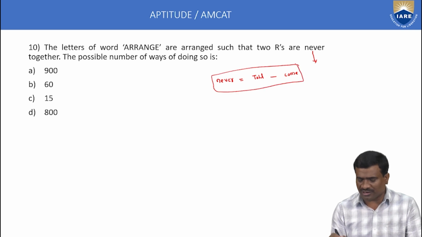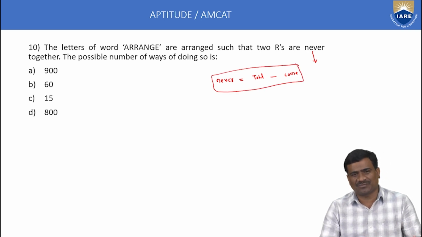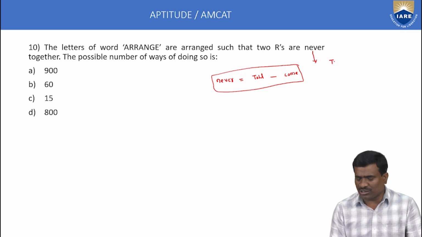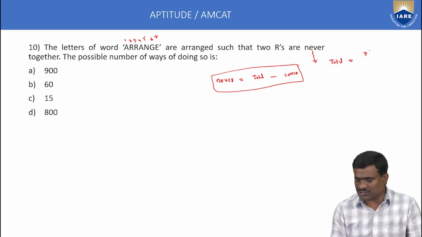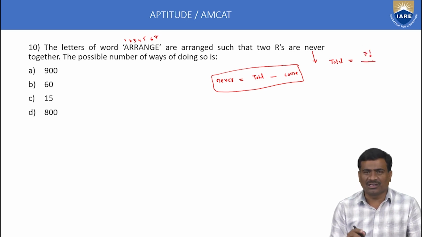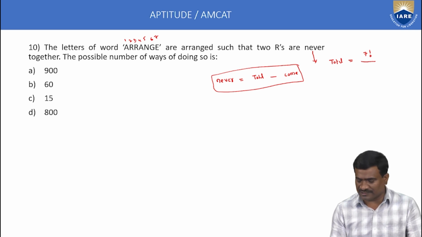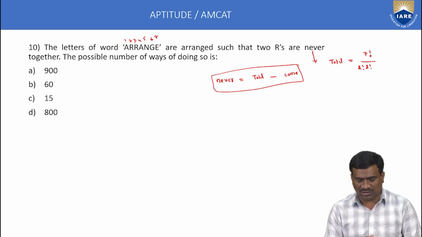First calculate the total number of arrangements in ARRANGE. Count the total number of letters in ARRANGE: 7 letters, so 7 factorial in the numerator. Repetition of letters in ARRANGE: A 2 times, R 2 times. So 7 factorial divided by 2 factorial into 2 factorial. This is the total number of arrangements.